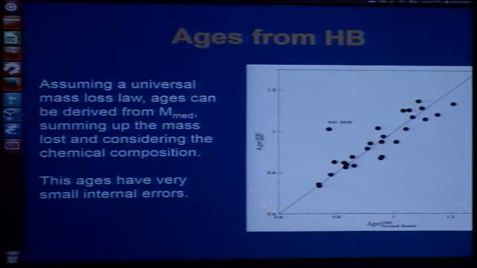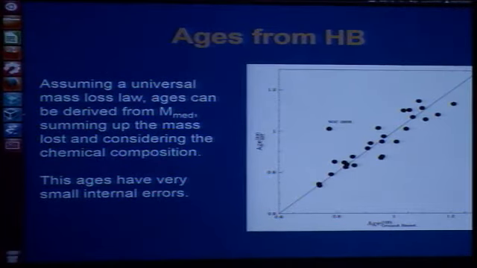This is first an internal comparison, just to show that the internal errors are relatively small. The ages that I derive from HST photometry or from ground-based photometry, the two samples of photometry that I consider, are well correlated with each other. The case of NGC 2808 is due to the jump caused by the bimodal distribution of stars in the horizontal branch. But the other clusters work very well. So the internal errors are rather small.